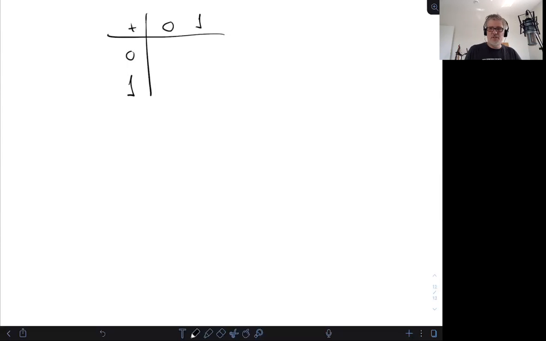There's not much to do. 0 plus 0 is 0. 0 plus 1 is 1. 1 plus 0 is 1. And 1 plus 1 is 2. How do you write 2 in binary? It's 1, 0. So this is 0 and a carry of 1.